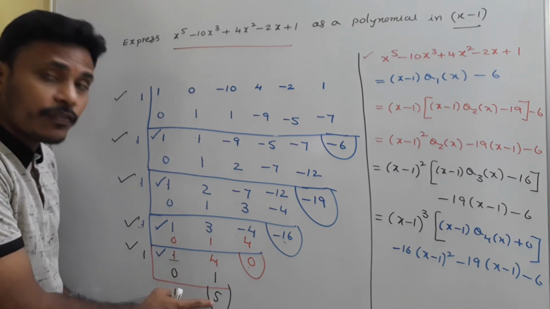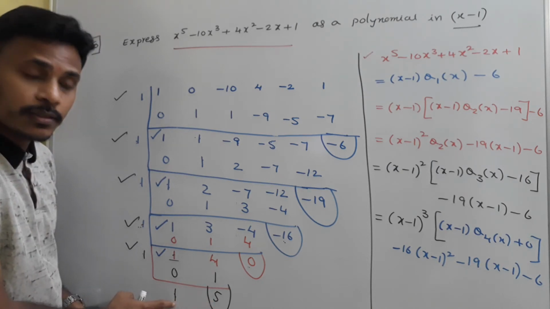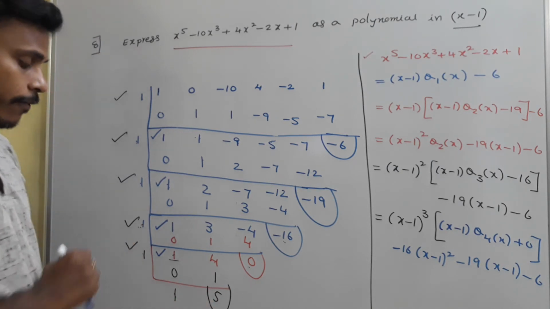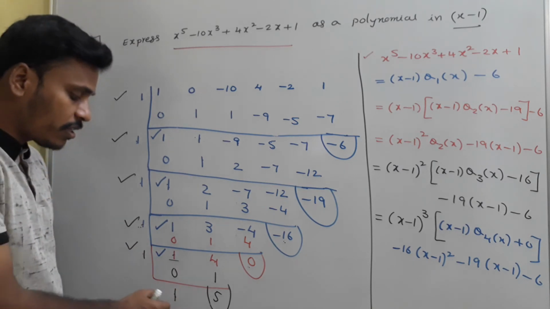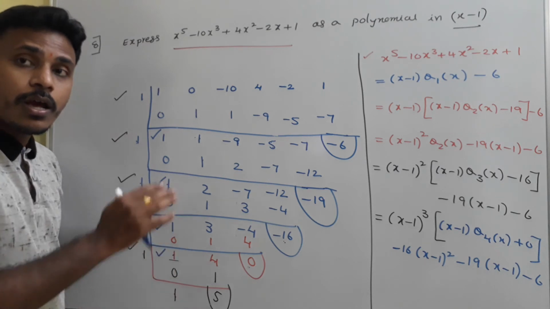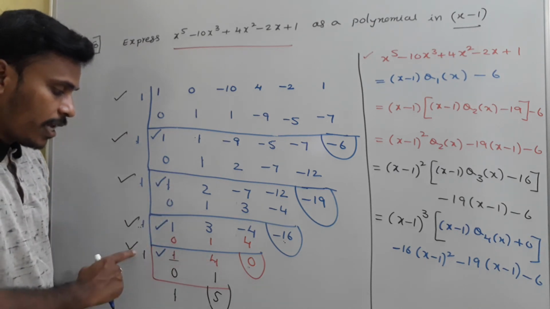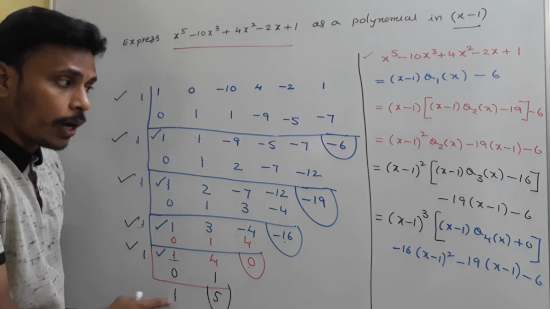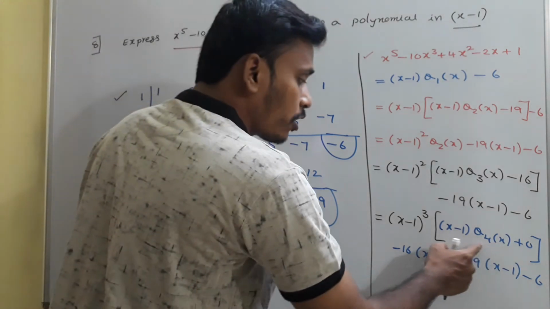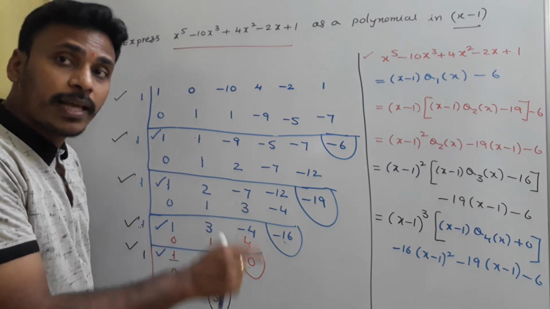This 5 is what? Remainder. And this is quotient 5. Quotient 5 in the sense this is again a constant, right? This quotient itself is a constant because 1 is there. 1 is a constant. So now this quotient 4 can be written as (x minus 1) into 1 plus 5. So this quotient 4 can be replaced with (x minus 1) plus 5.